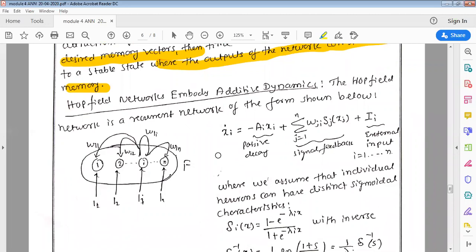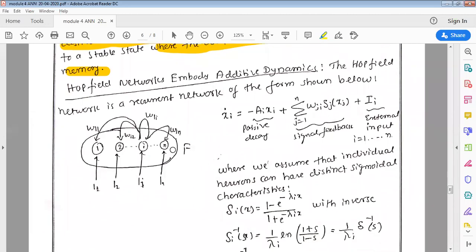Now, how do you form the Hopfield networks? A Hopfield network is a self-associative memory. See here, there were many inputs, I1, I2, I3, and so on. There are many connections, let us say A to B, A to C, A to D. Similarly, D to B, D to D, D to A, something like that. So the weight vectors are associated with each one.